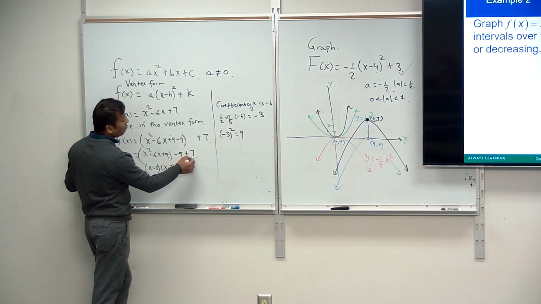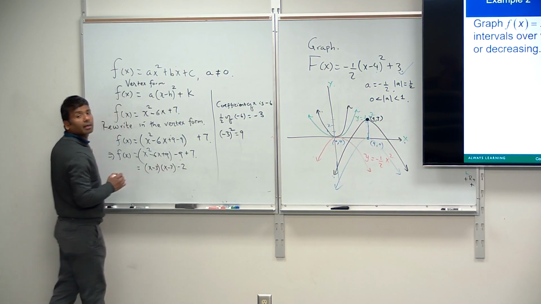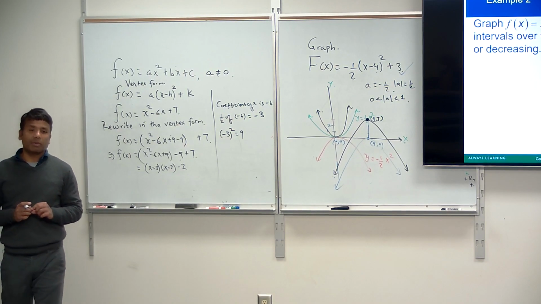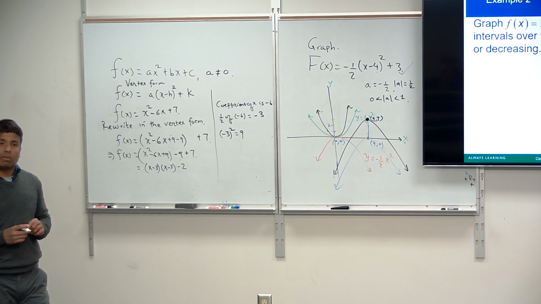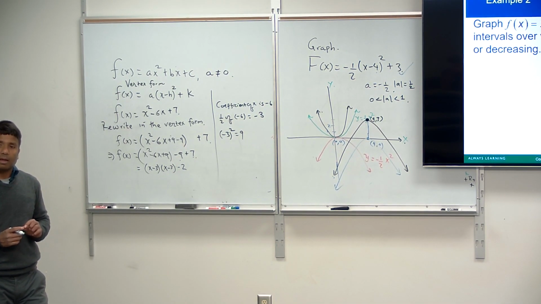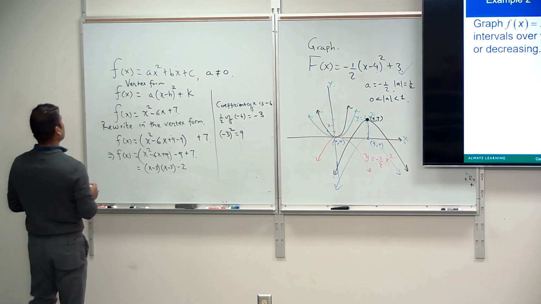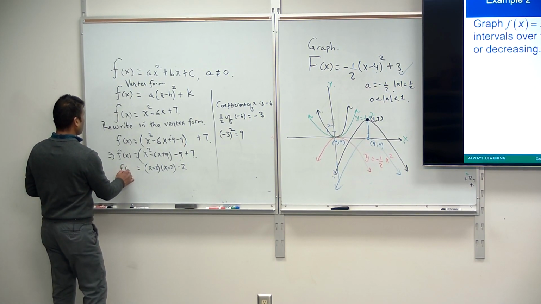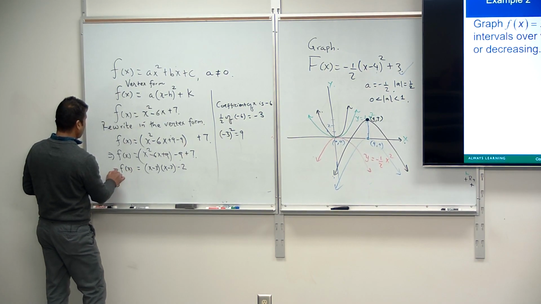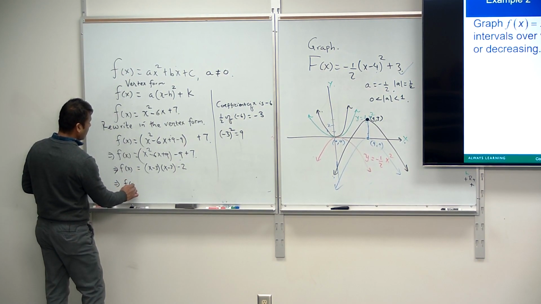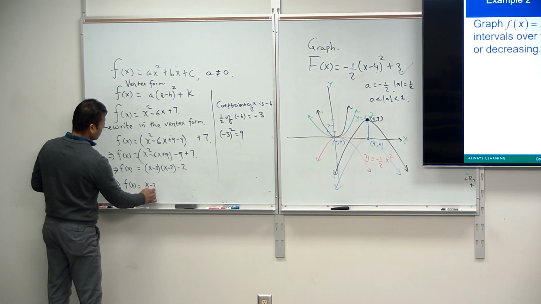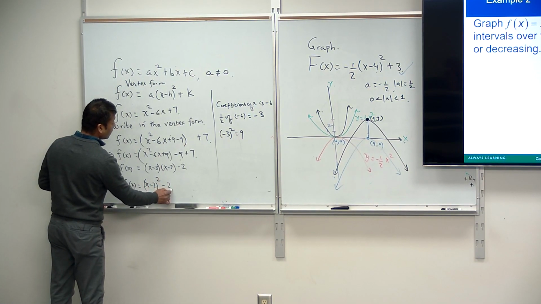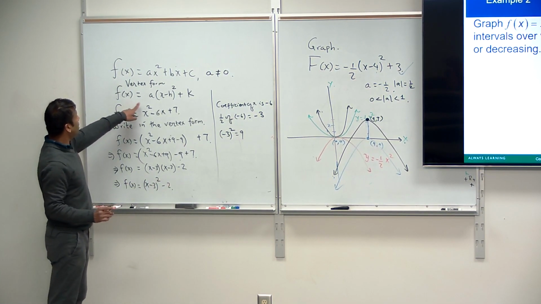And what is negative 9 plus 7? Negative 2. Are you with me? And so it is going to be f(x) equal to (x minus 3) squared minus 2. Now, this is in the vertex form.